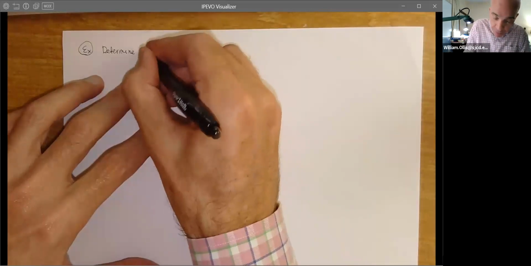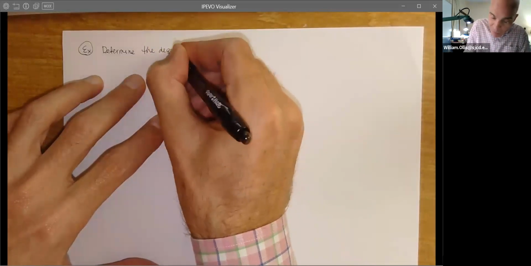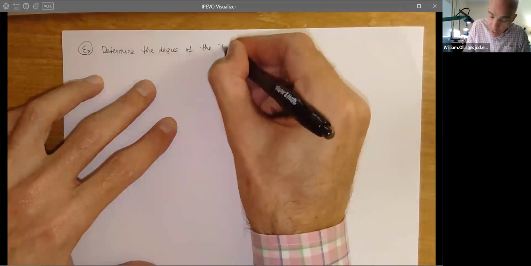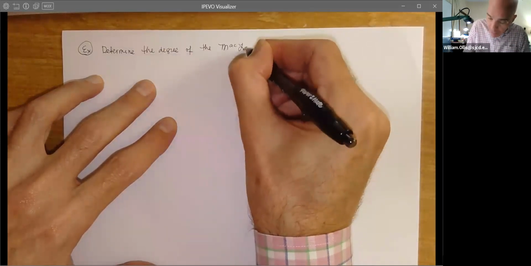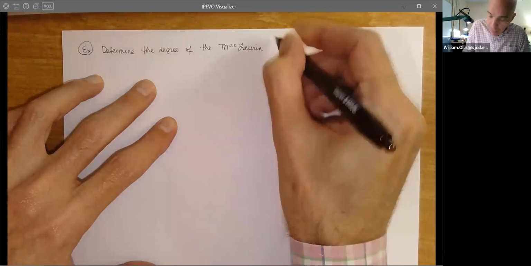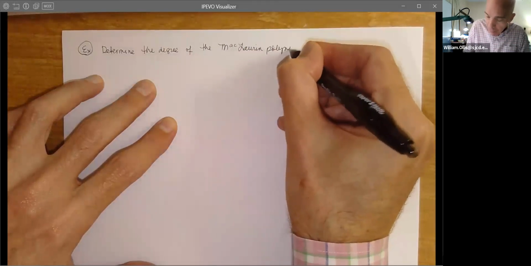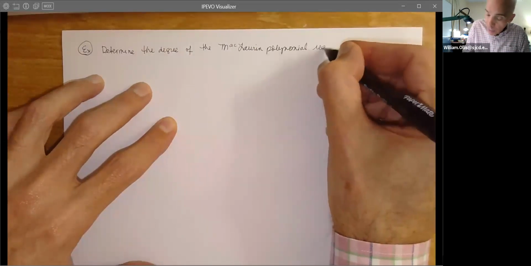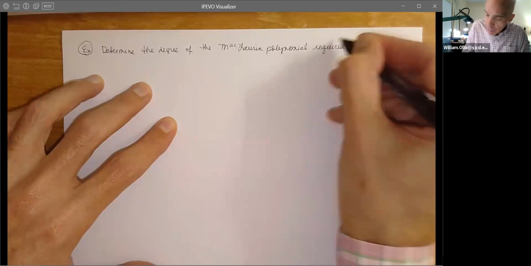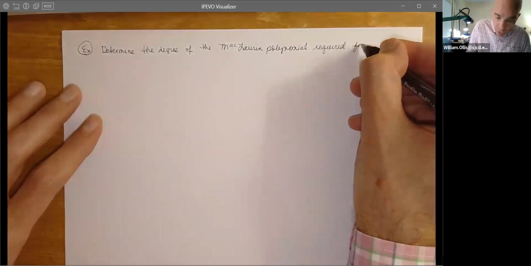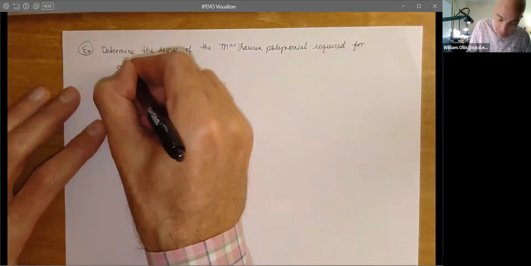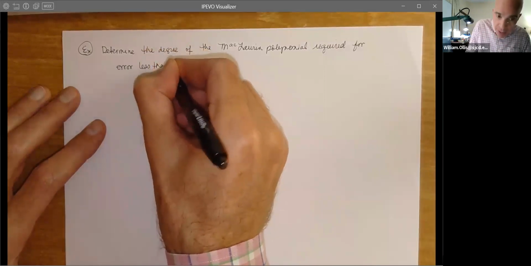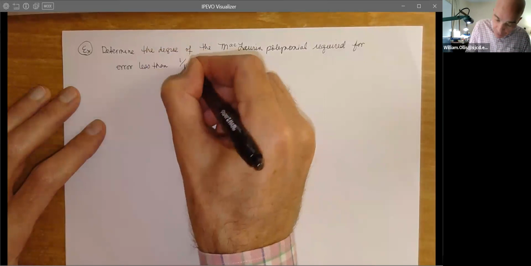So determine the degree of the Maclaurin polynomial required for error, excuse me, less than, in this case, 1 over 100.